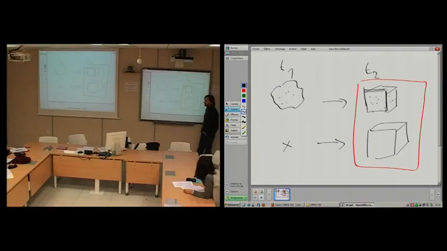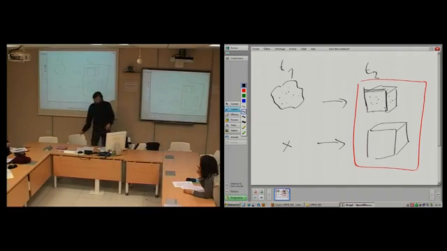So the lump of clay as it is at T1, yes. And the statue at T2 is another component. Of the lump of clay? Yeah. Well, you say the statue at T2, so it's a temporal part of what?